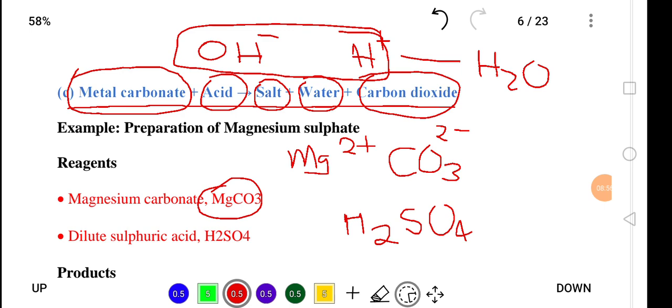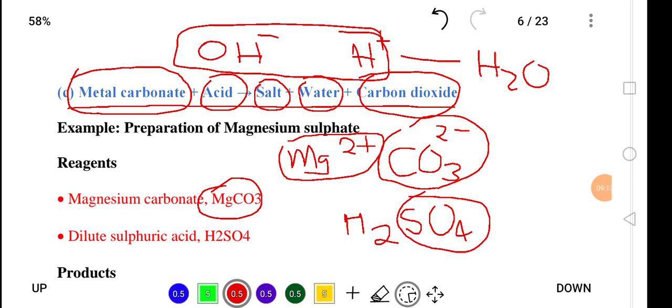When it is dissolved in sulfuric acid, the ions will be able to move. Now, when ions are able to move, it means the positive magnesium ion is going to react with a sulfate of an acid to form a salt known as magnesium sulfate.